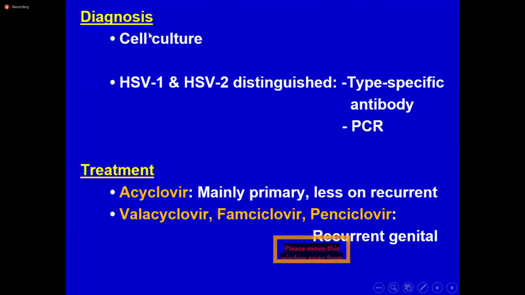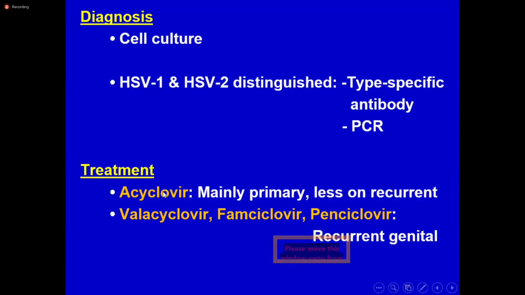Diagnosis, cell culture. This is done for research work, for epidemiological purposes, not for routine work. We can detect herpes simplex type 1 and type 2 and differentiate between them by type-specific antibody, as I said, and by PCR also. Treatment, a drug called acyclovir, mainly for the primary lesion, less on recurrent.